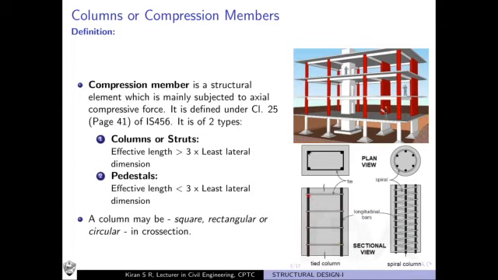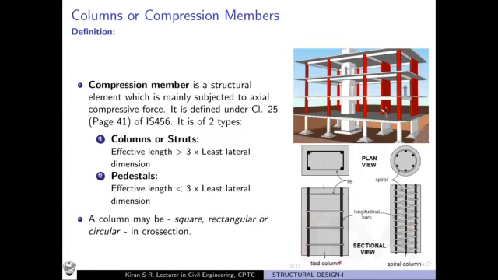Okay, you have a lateral tie here, you have a lateral tie here, but you can tie them in a different way also, using spirals. As you see in this figure, you have a single reinforcement spiral which continues for considerable length in the form of a spiral. Okay, so this may also be provided.